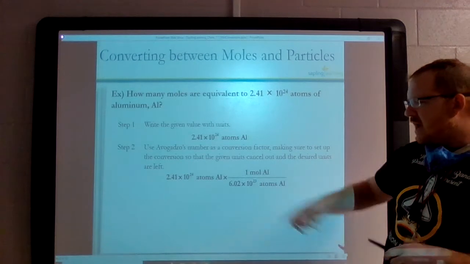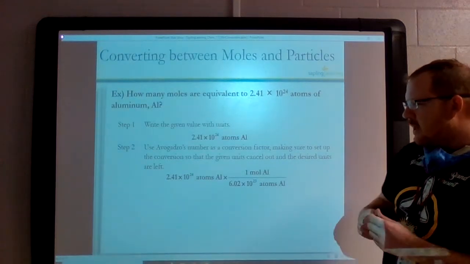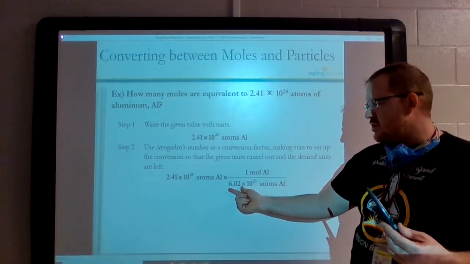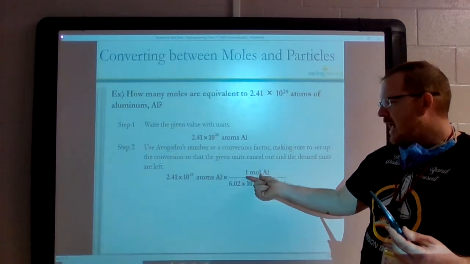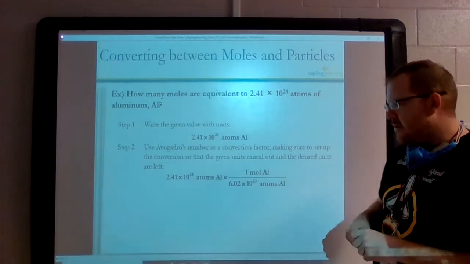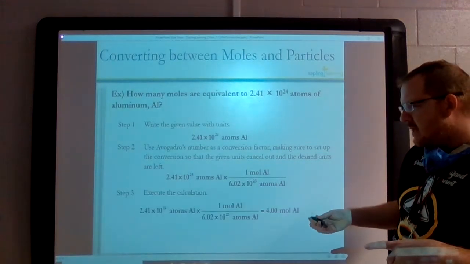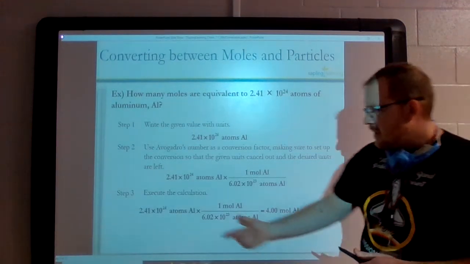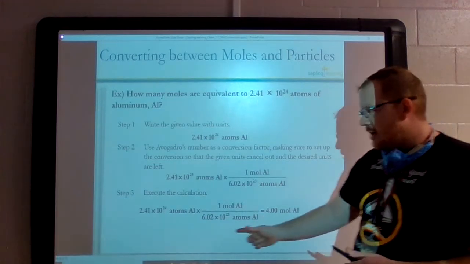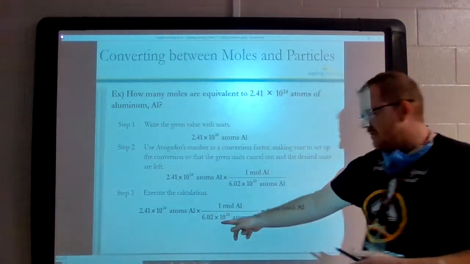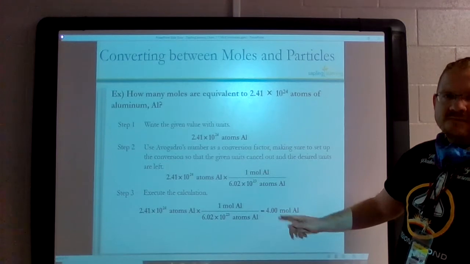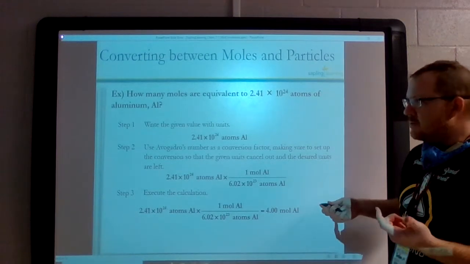And the only unit you have left is moles on top. So Avogadro's number is 6.022 times 10 to the 23rd, and then 1 mole is how you're equal there. So 1 mole on top, Avogadro's number on bottom. Execute the calculation. Start with your number. Divide by Avogadro's number, and your answer should be 4.00 moles, which is exactly what I got.